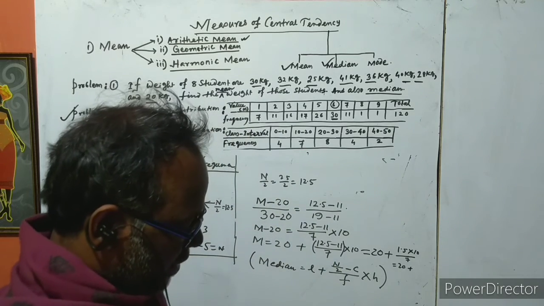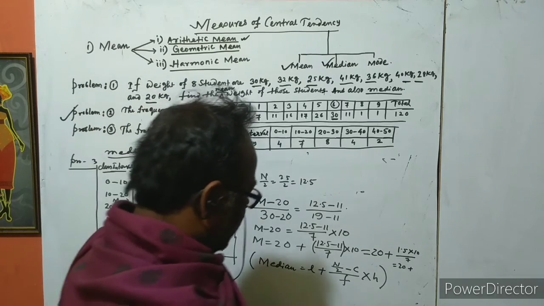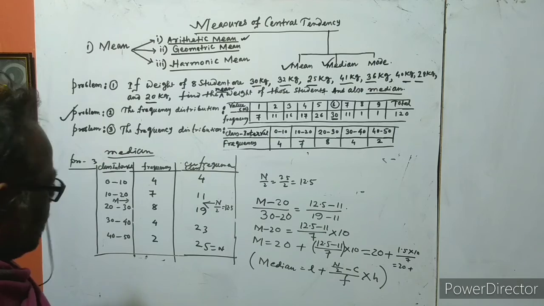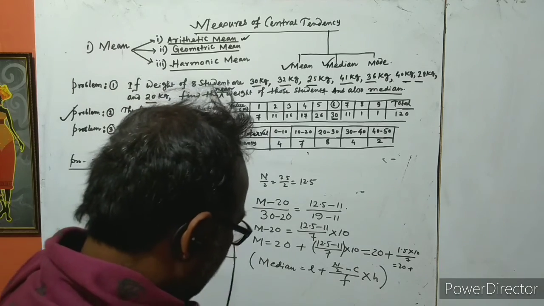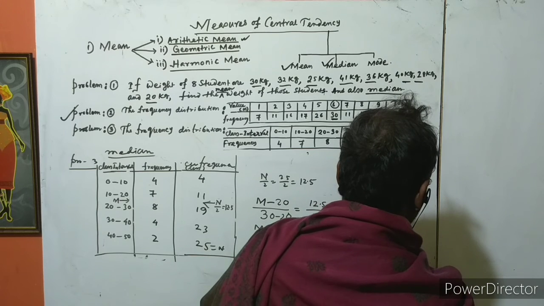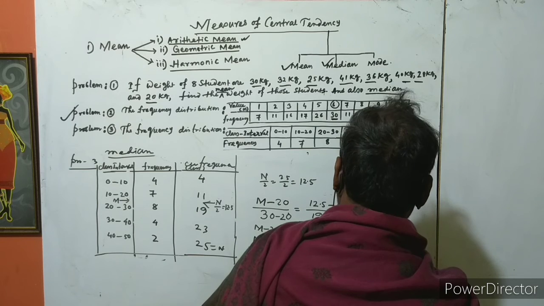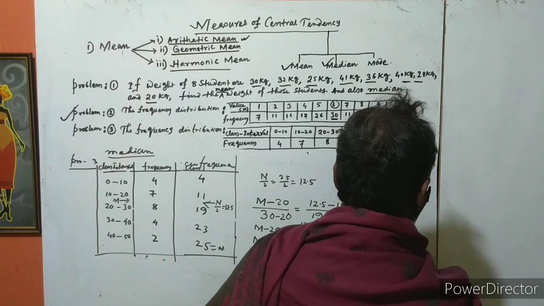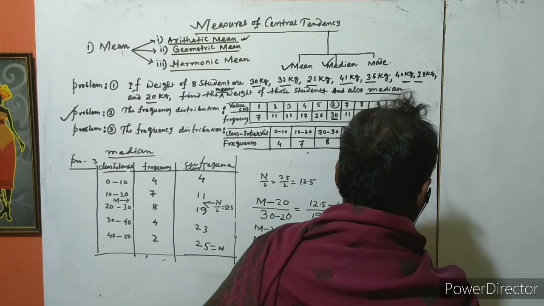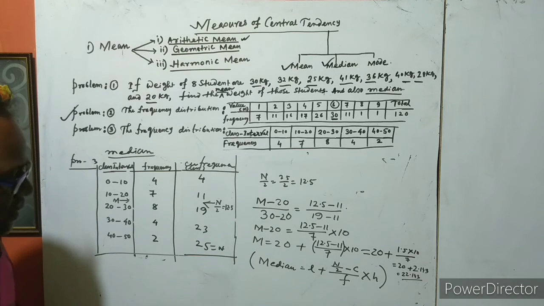Dividing 15 by 7, we get 2.143. So this is 22.143, and this is the value of the median.